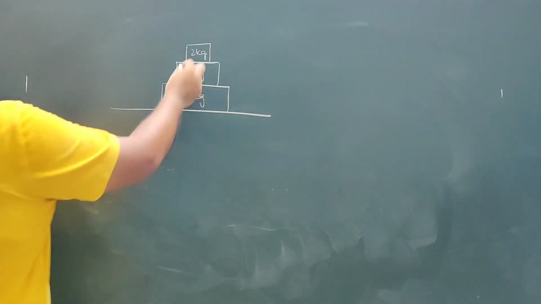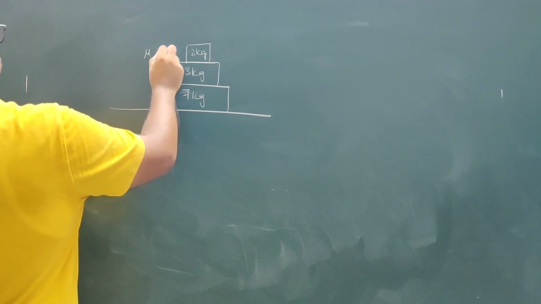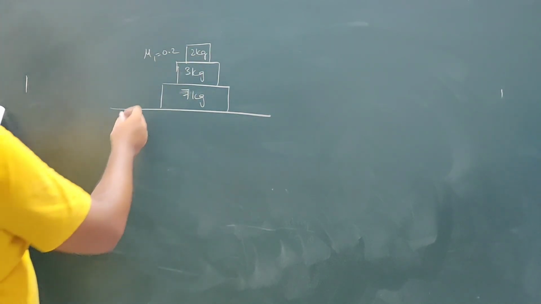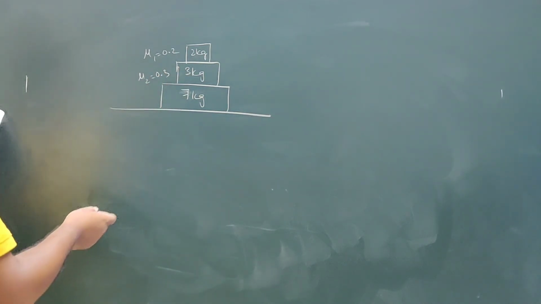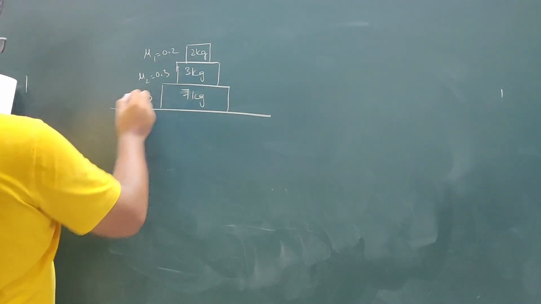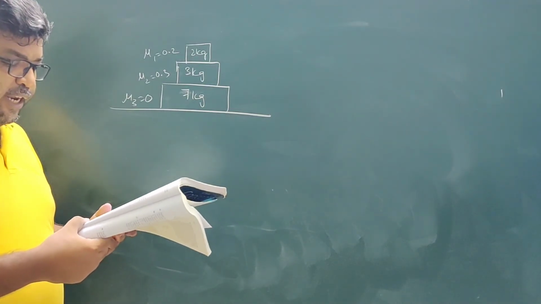Friction between the 2 kg and 3 kg blocks is mu1, equal to 0.2. Friction between the 3 kg block and 7 kg block is mu2, equal to 0.3. And friction between the 7 kg block and the horizontal surface, mu3, is equal to 0. And a horizontal force of 10 Newton is applied.